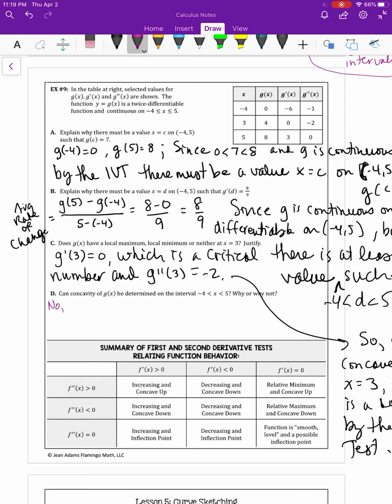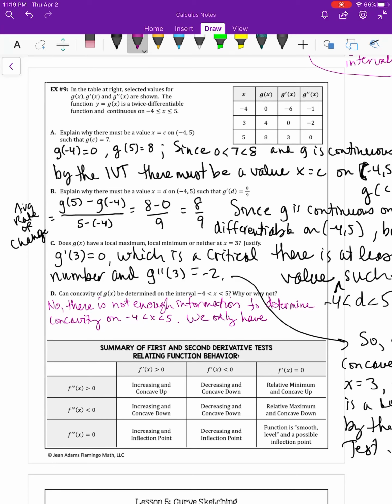So let's write that somehow. We're going to say no. There is not enough information to determine concavity on -4, 5.